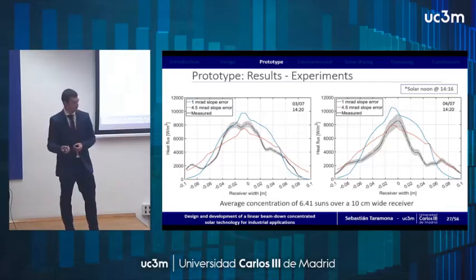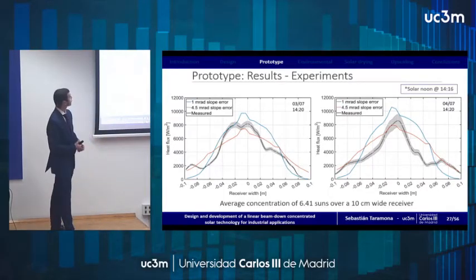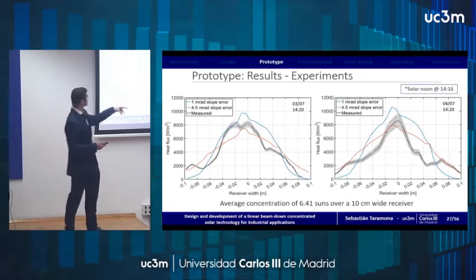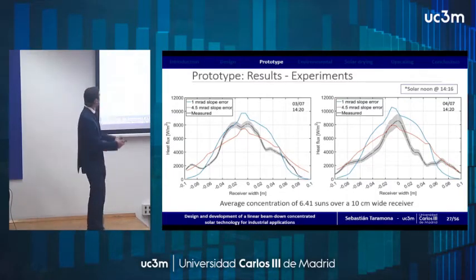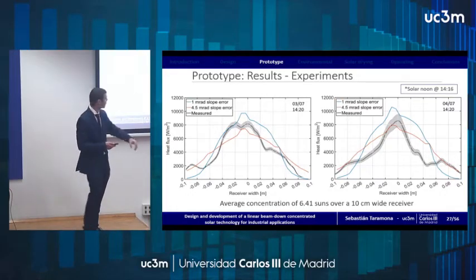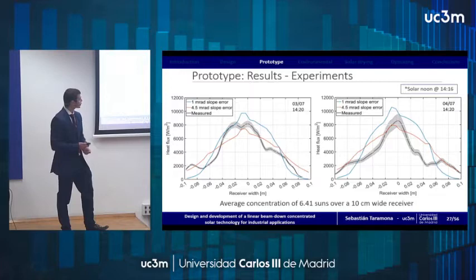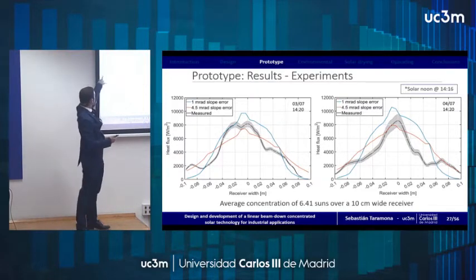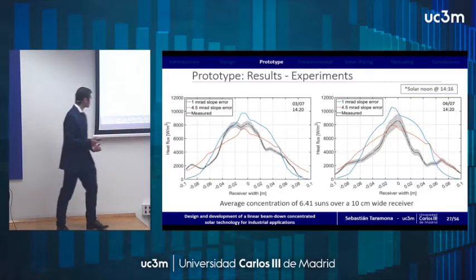Now, going forward to the concentration profiles that we've obtained, we have these 2 figures, both for almost solar noon, one from the 3rd of July, and the other for the next day. Here you can see the concentration profiles obtained in these two tests. You can see that we reach almost 8,000 watts per square meter.